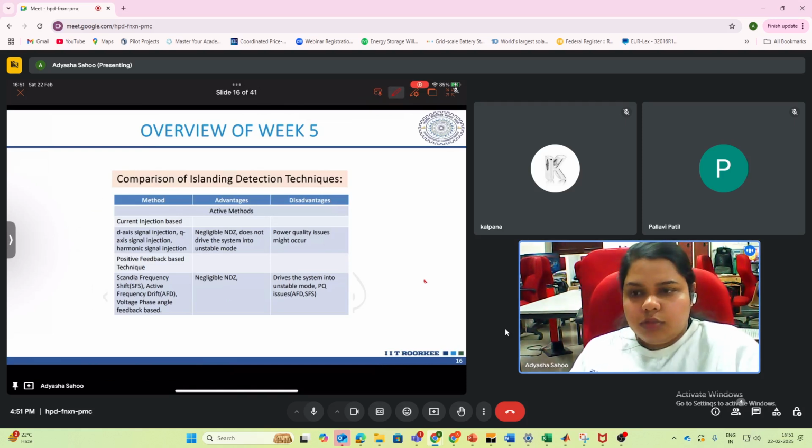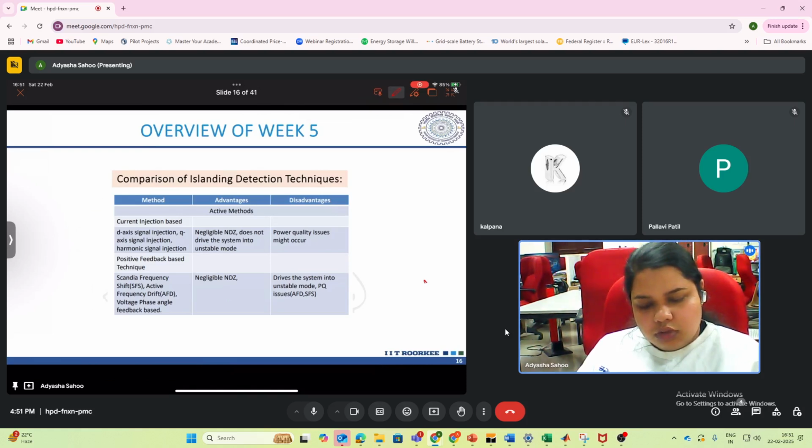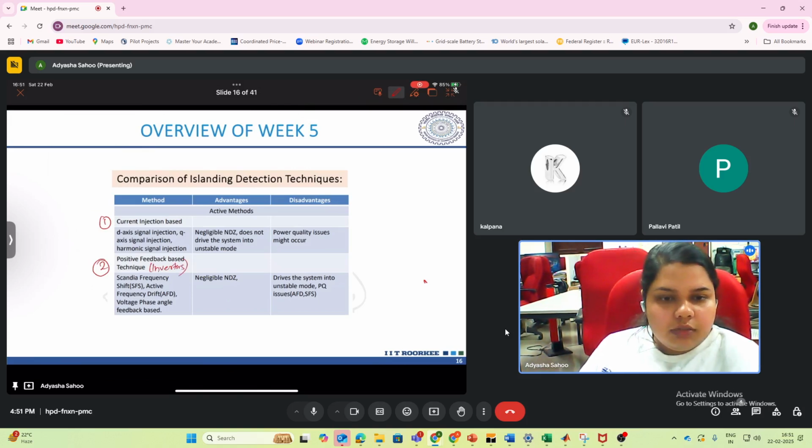Next, we discuss the active method. Here, first was the current injection based method, and second was the positive feedback method. So this we gave to the inverters. Again, both these techniques have very low non-detection zones, but the disadvantage is that because of injection of external signals, there may be power quality issues.